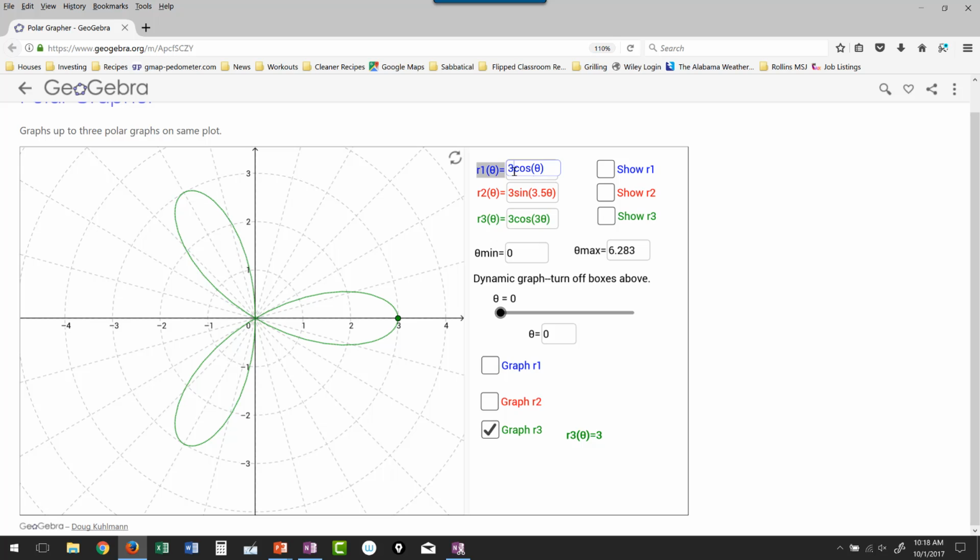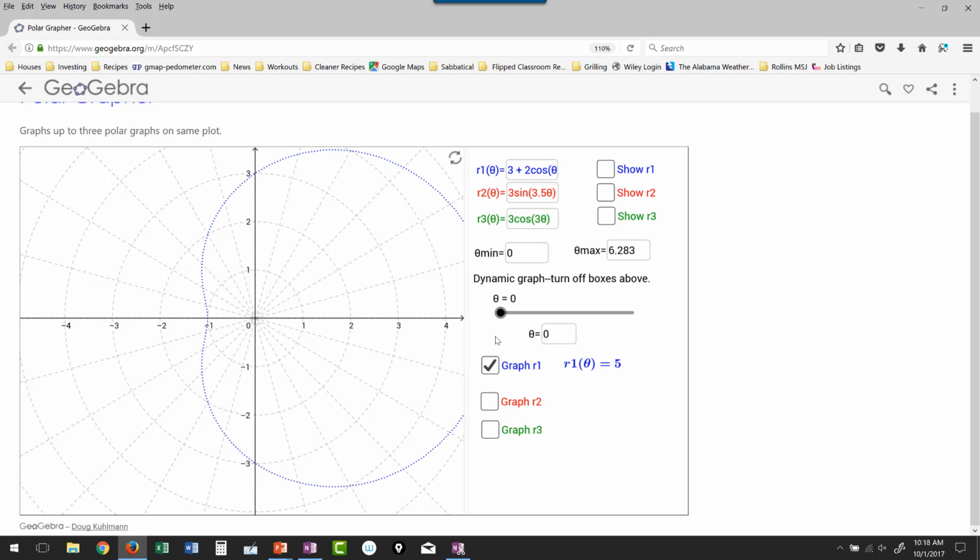And if we go back and adjust the first equation, stop showing the third and show the first, then we get the shape of kind of a lima bean. These are called limacons.